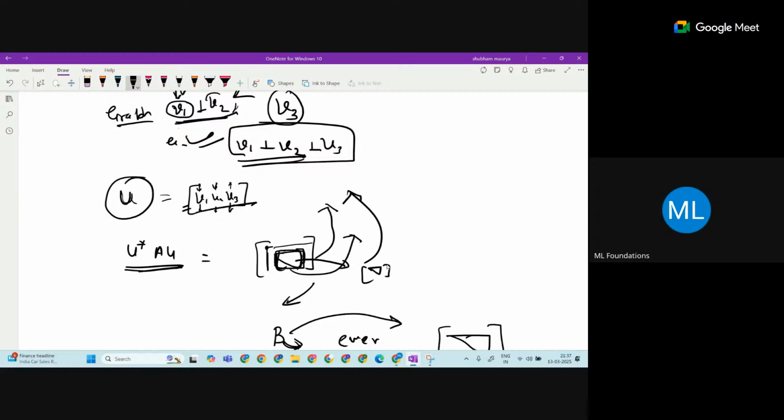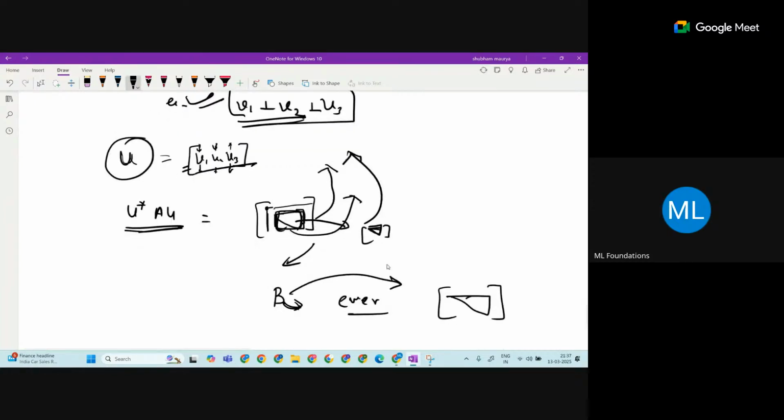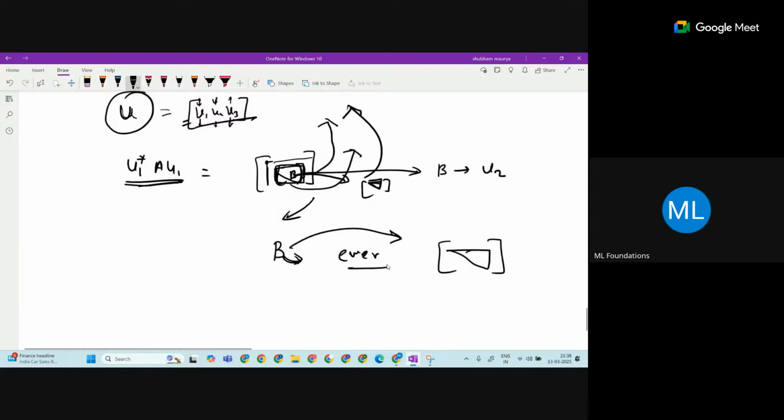Suppose here you got U1, and for block B you got U2. Then the final triangulation will be U2 star, U1 star, A, U1 and U2.